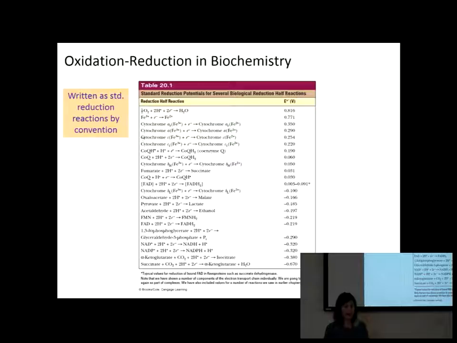It's climbing this ladder in our electron transport chain. But the reaction is the same, reducing iron. But the chemical environment, the amino acids around this iron, causes it to want to give up the electrons a little bit less than the iron up here.